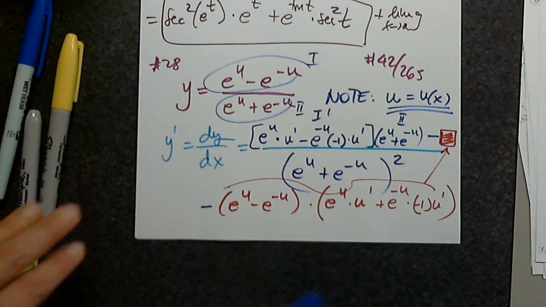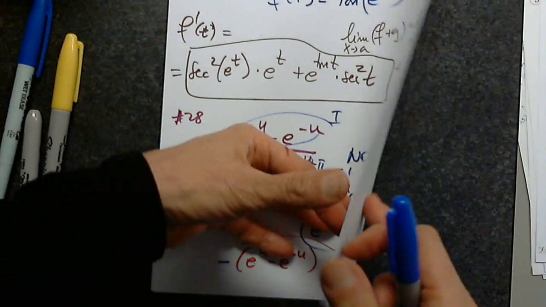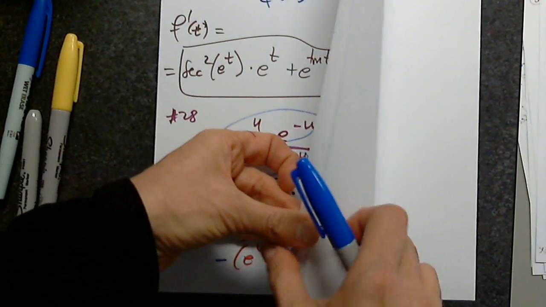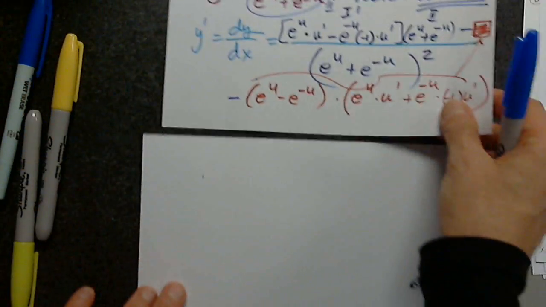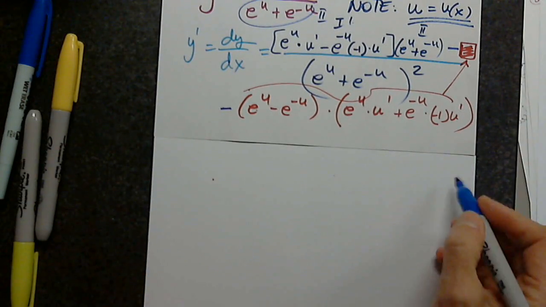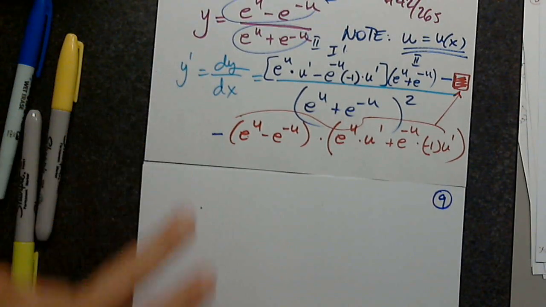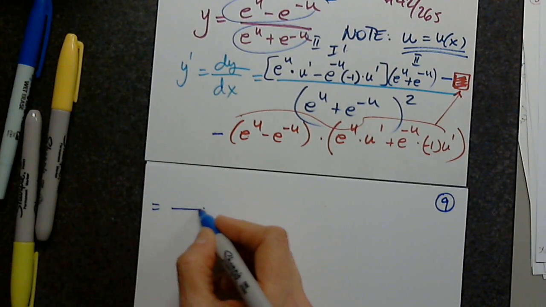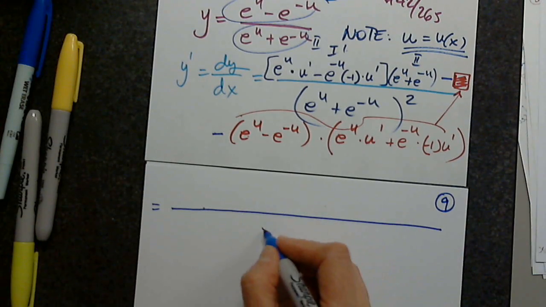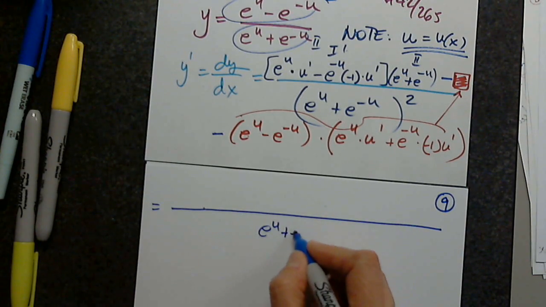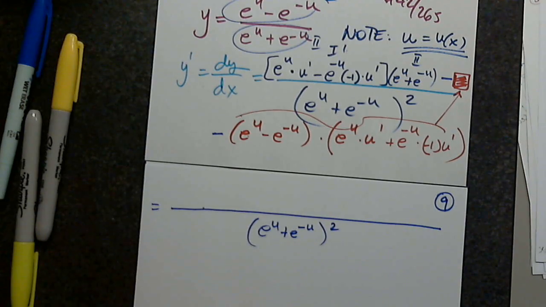Now we can try to simplify this a little bit. We're not given u. So again, they may really consider u as just a variable. But I think this is more interesting. So now I copy the denominator, e to u plus e to negative u squared.